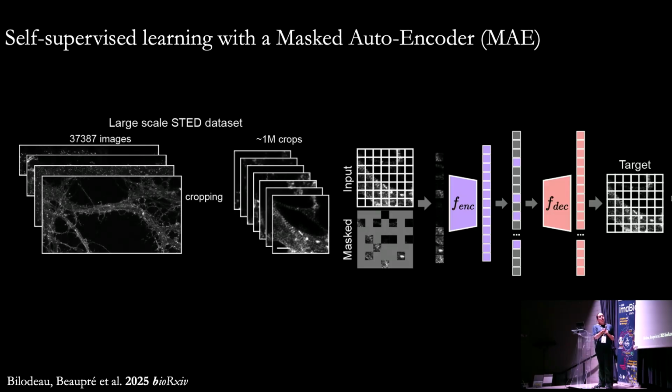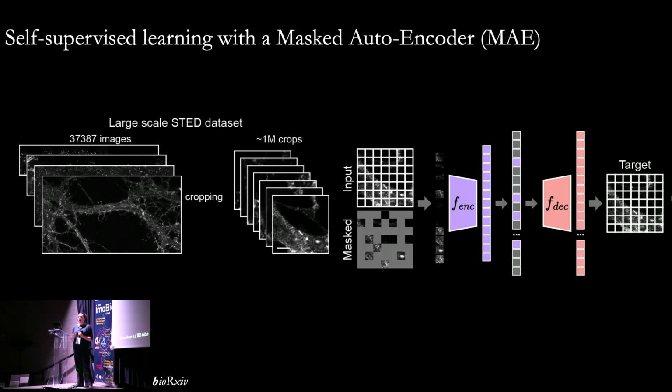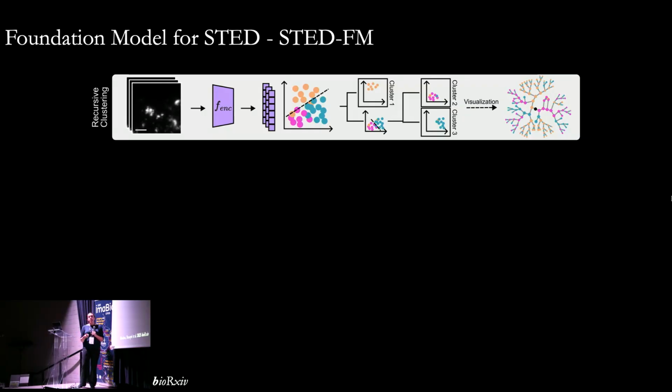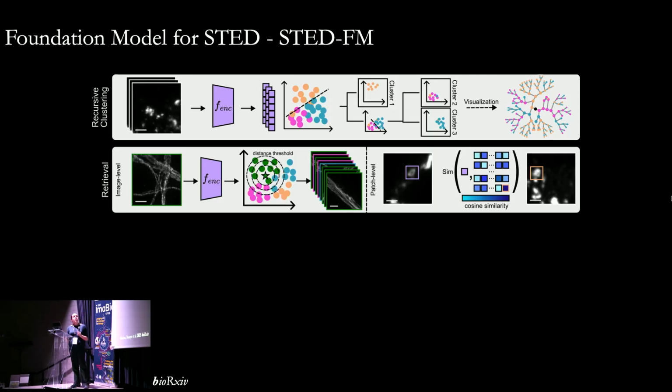And so we can combine that with our huge STED data set and train a model to learn what a STED image is. I won't have the time to go into the details of all the tasks we tried, but we could use it for multiple downstream tasks. For example, redo some clustering experiments, or work on image-level retrieval or patch retrieval, so finding back images of tubulin in our data set, or finding certain types of synapses in our data set.